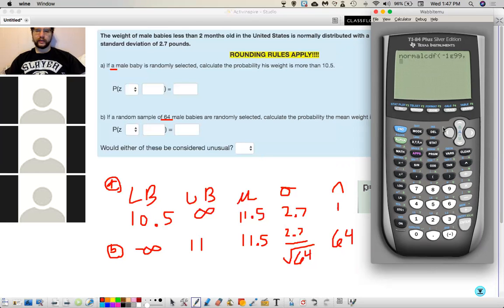So negative infinity, comma, 11, comma, 11.5, comma, 2.7 divided by square root of 64. Yes, I know that's 8. Who cares? And we get 0.06, and so on.